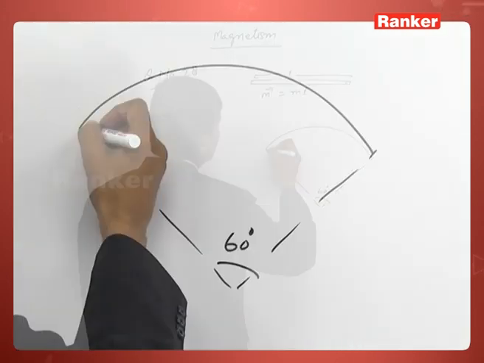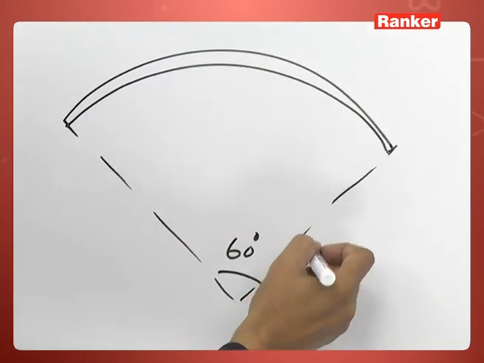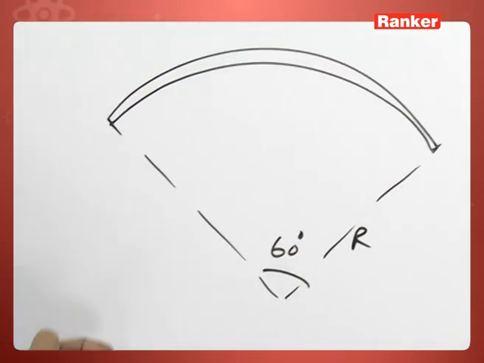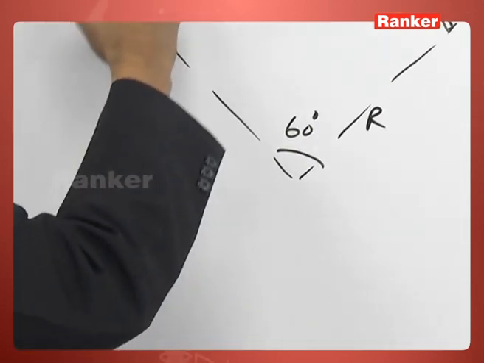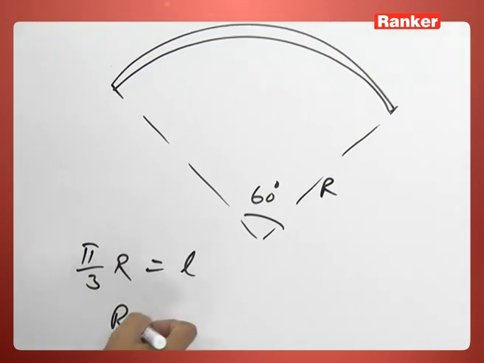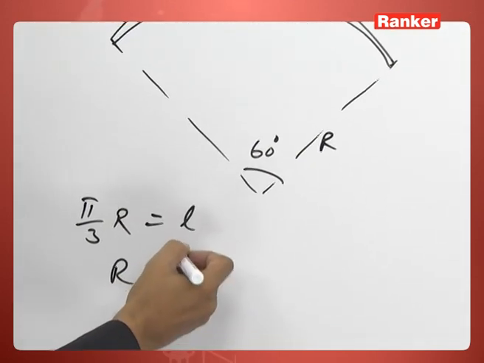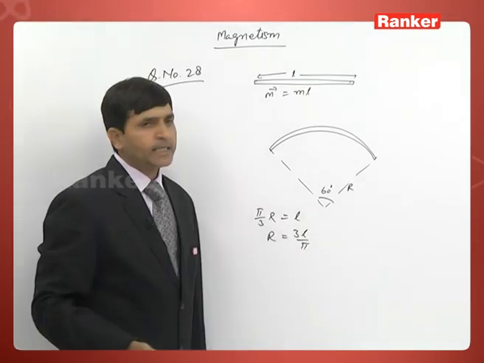Then the magnetic moment is x. So we can get this value. Let the radius be r. So pi by 3 r is the arc length, equal to L. So r is 3L by pi. This is the radius.